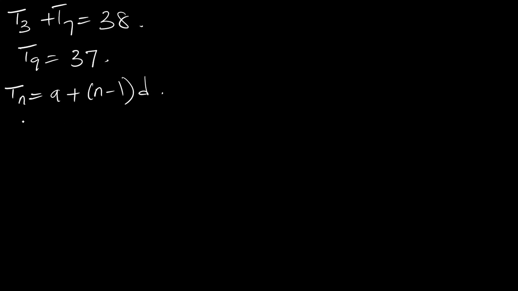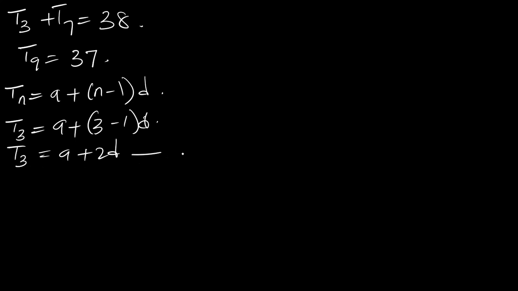So we're using this formula. So now the third term is equal to a plus 3 minus 1 times d, which is a plus 2d. So this is the third term. So let's call this equation 1.